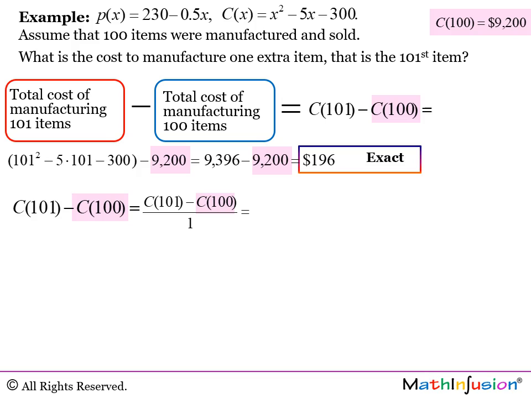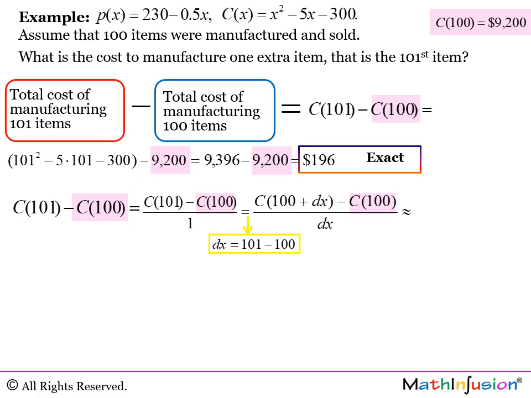Everybody agrees that I can just divide this difference by 1 and I don't change anything. I only change the philosophy behind it. Because now I will call this one dx, and I get c of 100 plus dx minus c of 100 over dx.